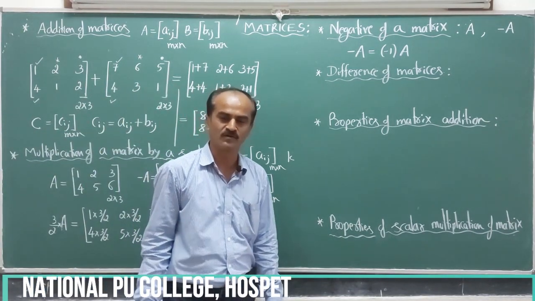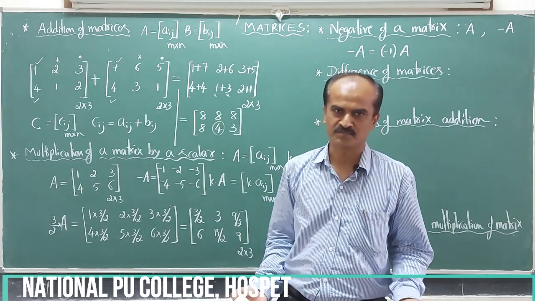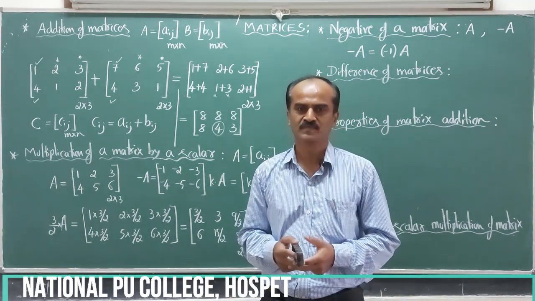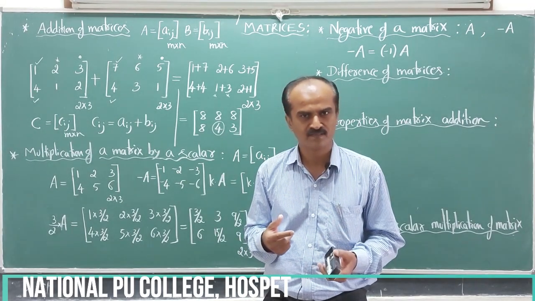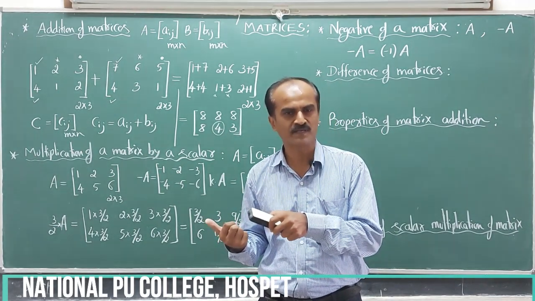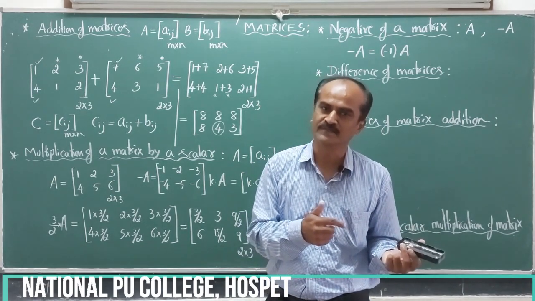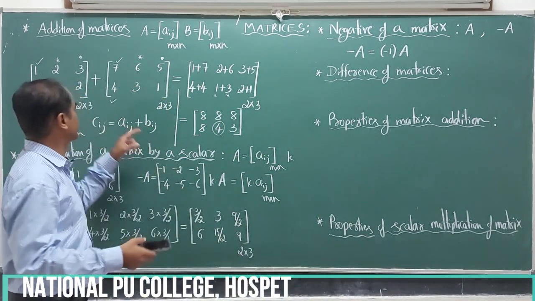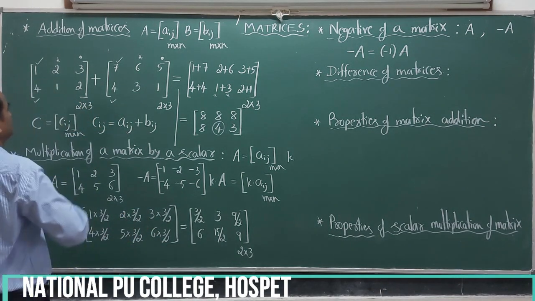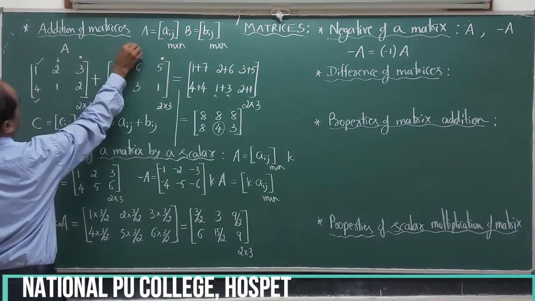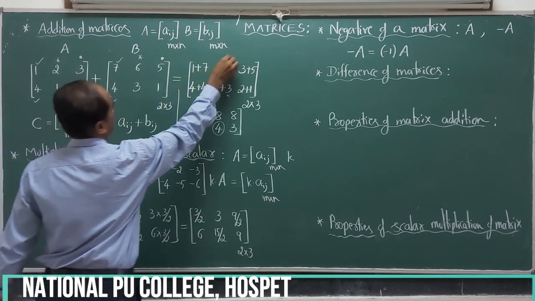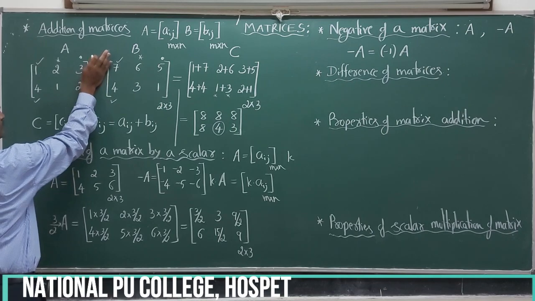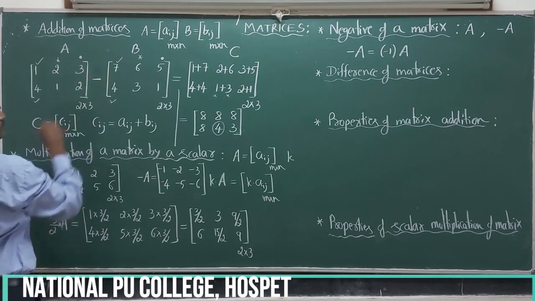Next, difference of matrices. Just like addition, here also the order of both matrices must be the same. In order to find the difference, instead of adding the corresponding elements, we need to take the difference of those. Now let me take the same example. This is matrix A, say this is matrix B, and this is the resulting matrix C. Instead of addition now, I am writing minus.